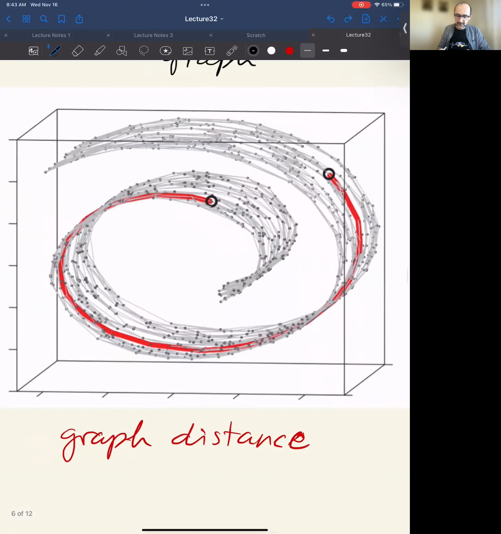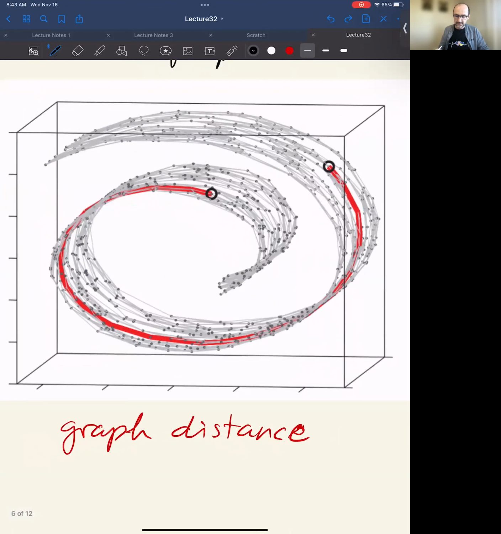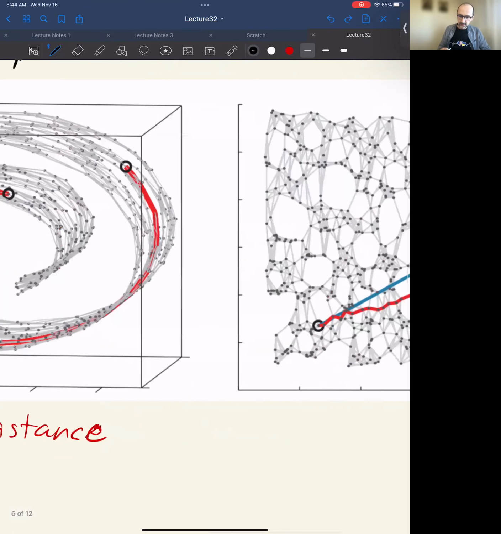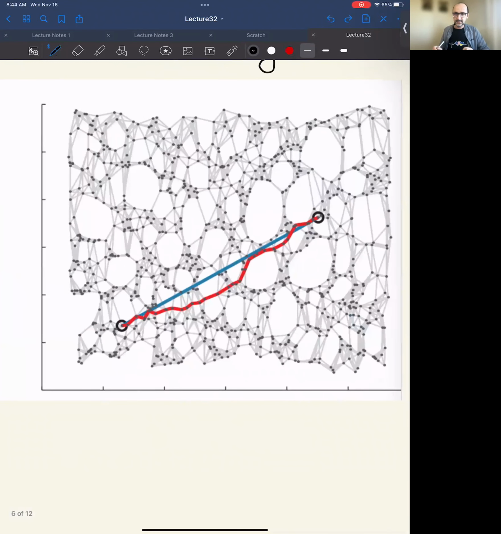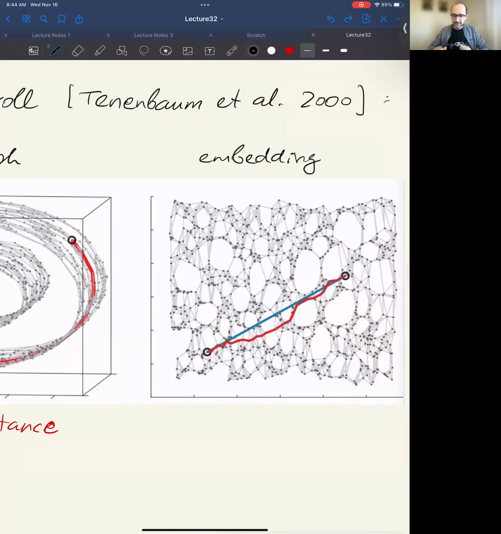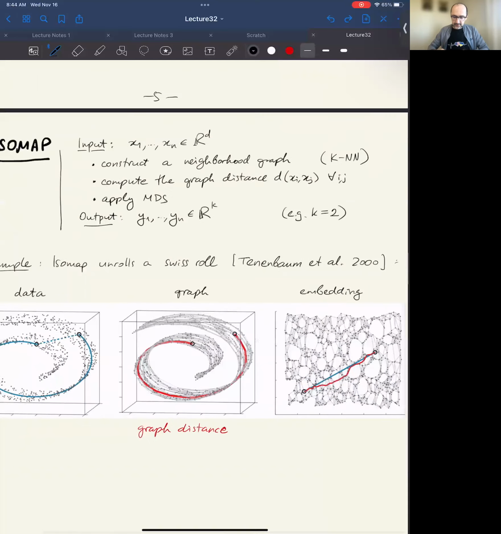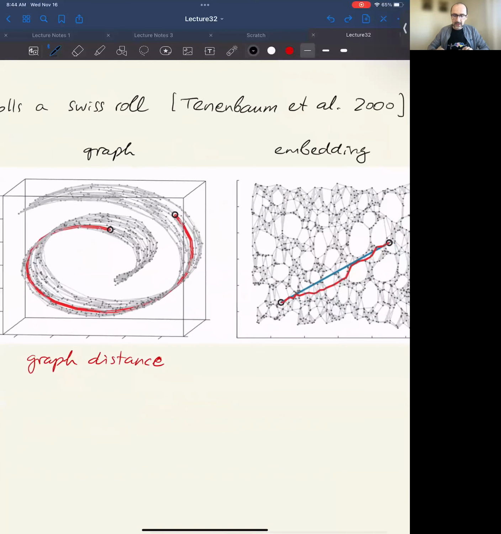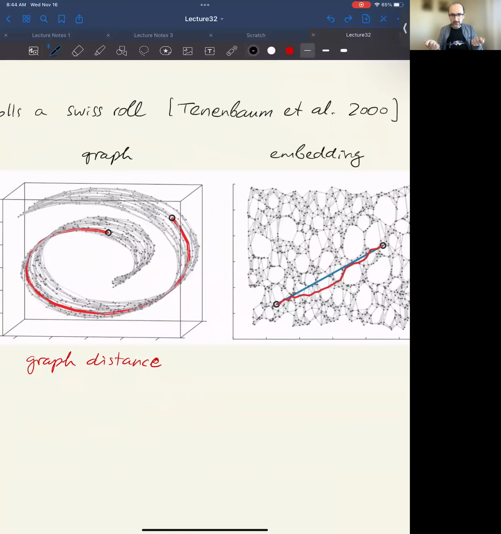So we connect maybe 7 nearest neighbors. We compute the graph distance. And then we let the algorithm work and find the multidimensional scaling. And the MDS shows like this. It unrolls the sheet, the Swiss roll. So the result is the unrolling of this data into R^2.